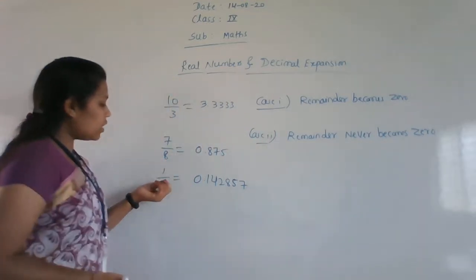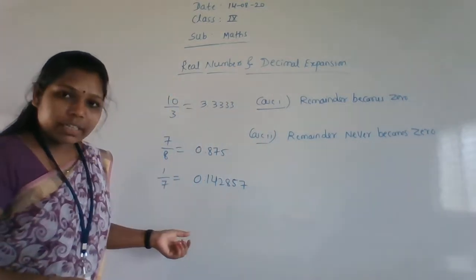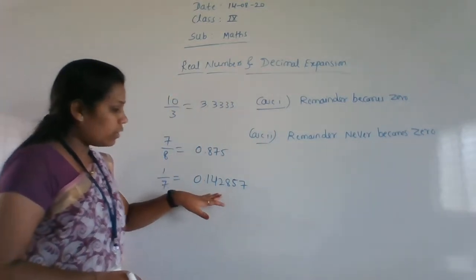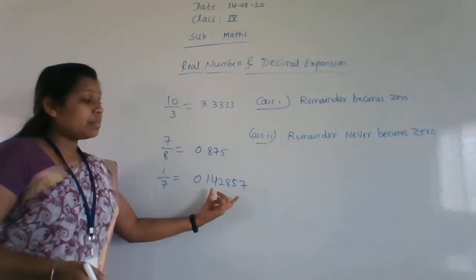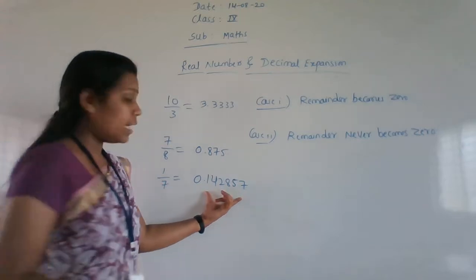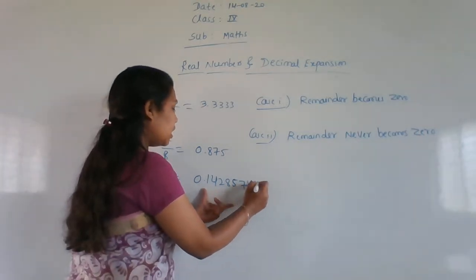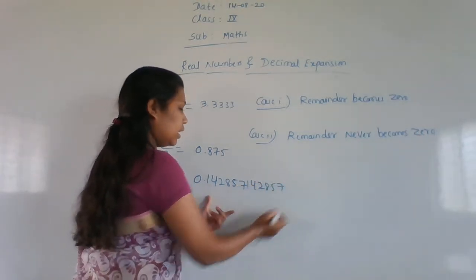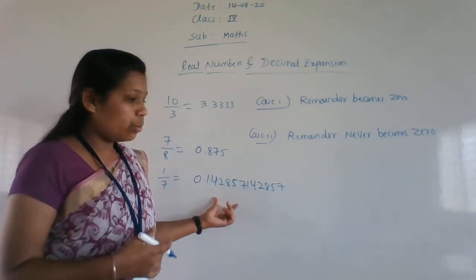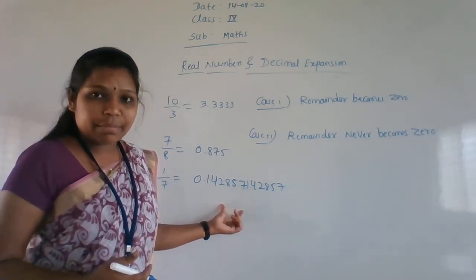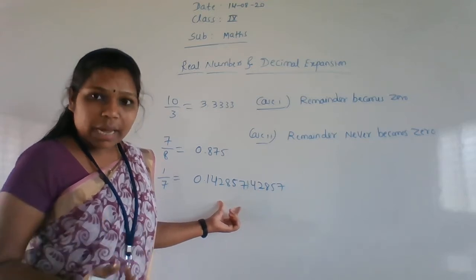Next one is 1 by 7. 1 by 7 is 0.142857. This many digits will repeat again. If you do the division, you will get the same thing. If you want, you can do it. I will not do it here because it's a waste of time, and I don't have much time.